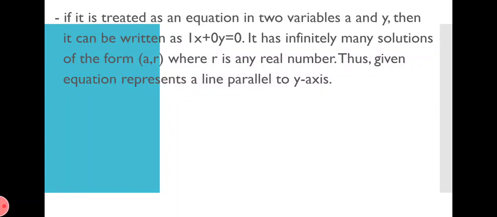We know that a linear equation in two variables has infinitely many solutions, and these solutions are of the form (a, r), where r is any real number. Thus, the given equation represents a line parallel to the y-axis.